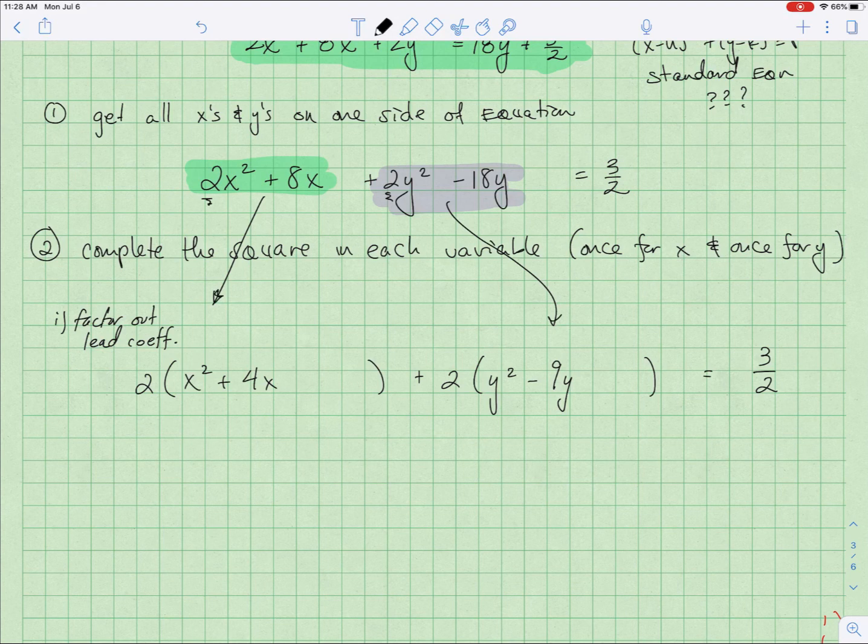Now, once we factor out the leading coefficient, 2, we're going to add the magic value inside each parenthesis.